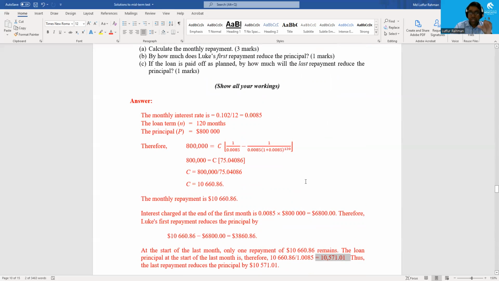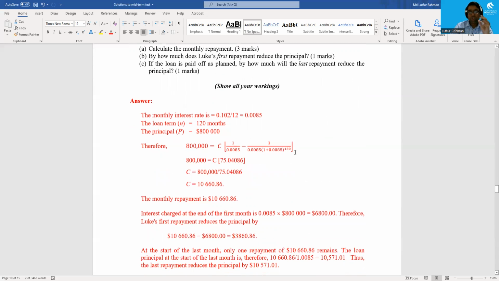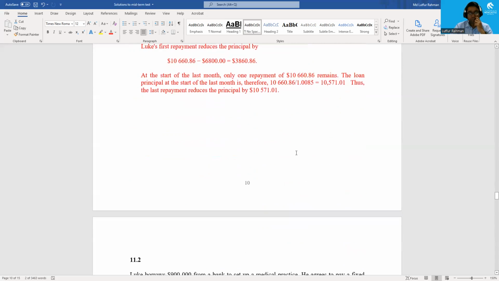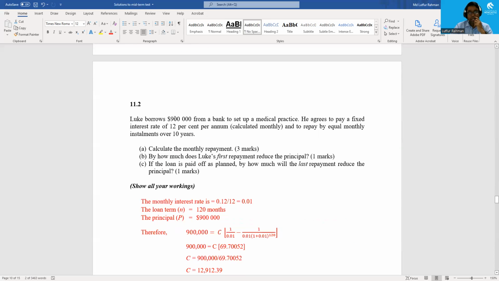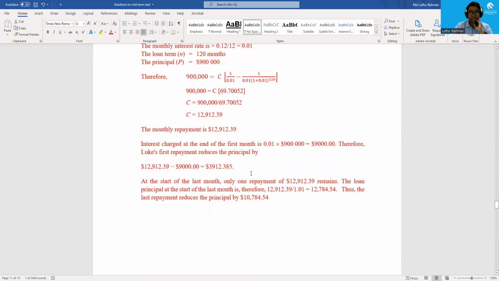The other question in this pool is exactly the same, just with some numbers different. For example, instead of 800,000, there was 900,000 and so on. So the way you solve this problem would be exactly the same. You can see that instead of 800,000, it is 900,000, and instead of 10.2%, it's 12%, but the approach is exactly the same.